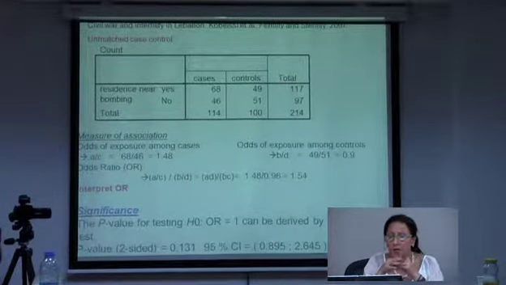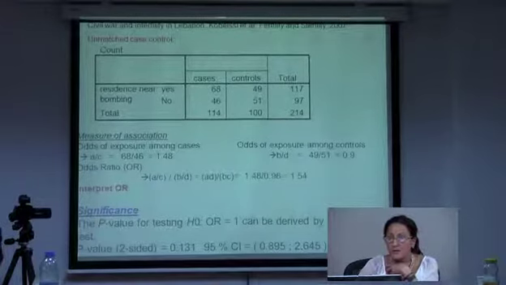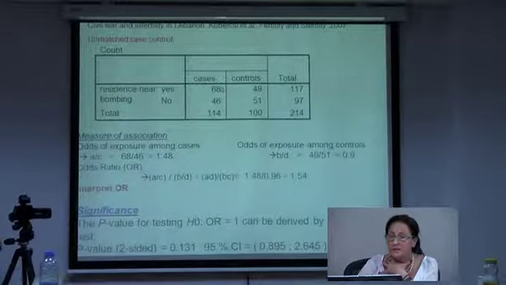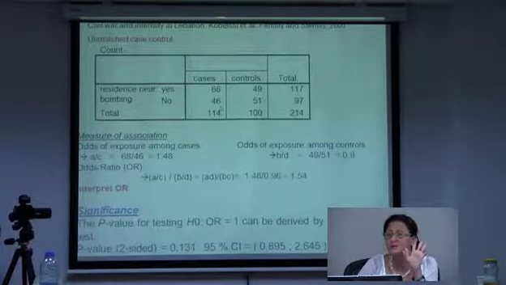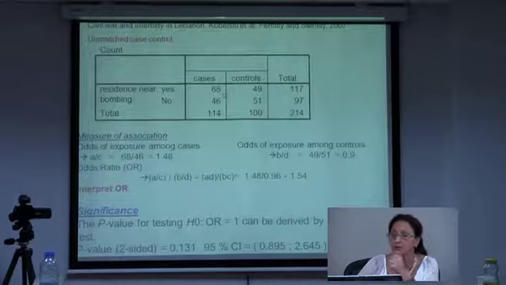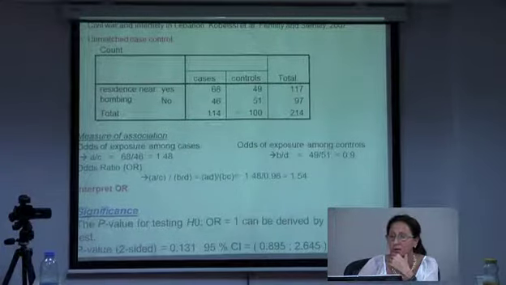And again, the odds of exposure among the cases, if we do it together: how many were exposed among the cases? 68 out of? No, don't do it. It's odds, it's not a probability. We're taking odds in case control. So 68 over 46.